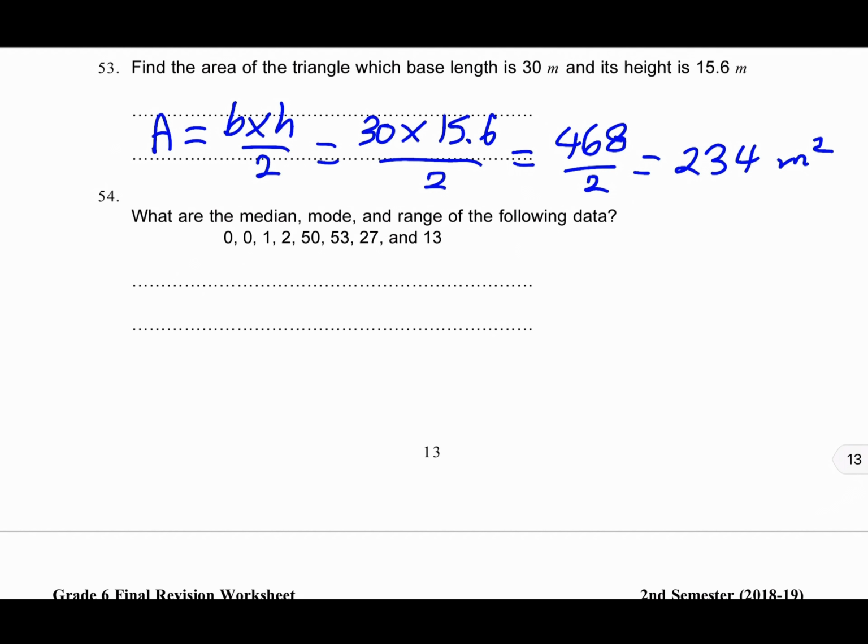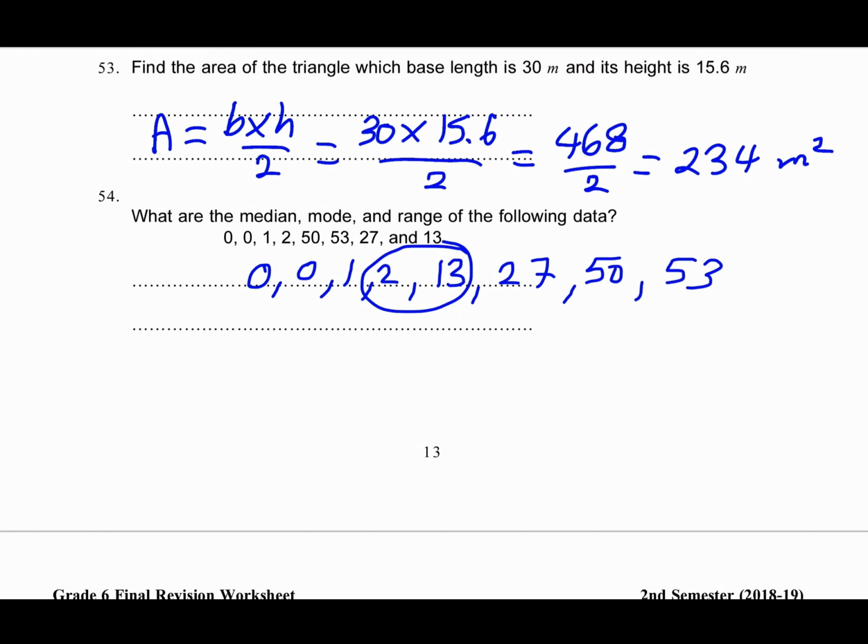Next question, what are the median, mode, and range of the following data? Here we have to order these values, so 0, 0, 1, 2, 13, 27, 50, and 53. Now the median, here we have two values exactly in the middle, 3 values here, 3 values here.